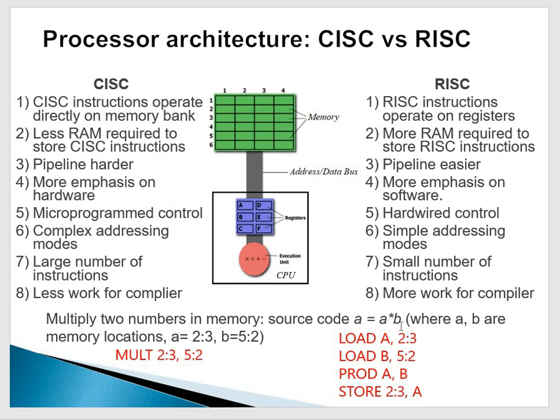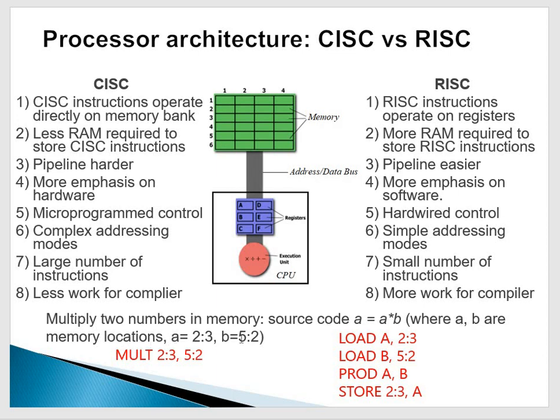We will assume that we have two numbers, A and B, stored at some memory locations, and we want to perform the multiplication of A and B, and after the multiplication store the result at the location of the number A. So A and B are memory locations.